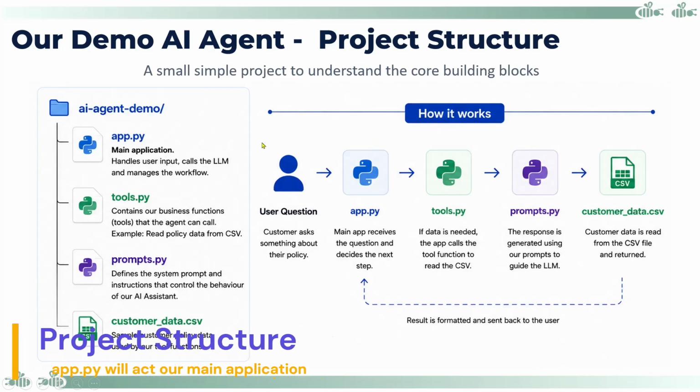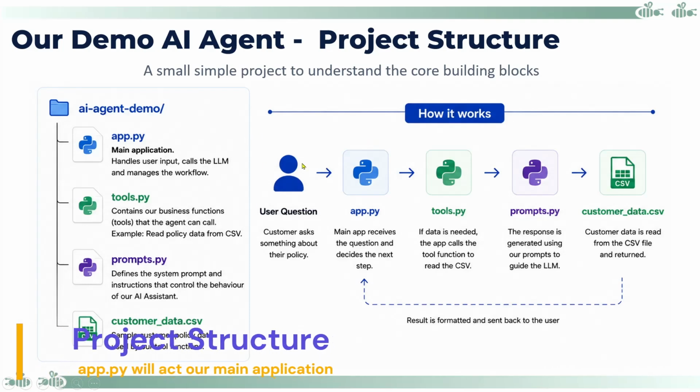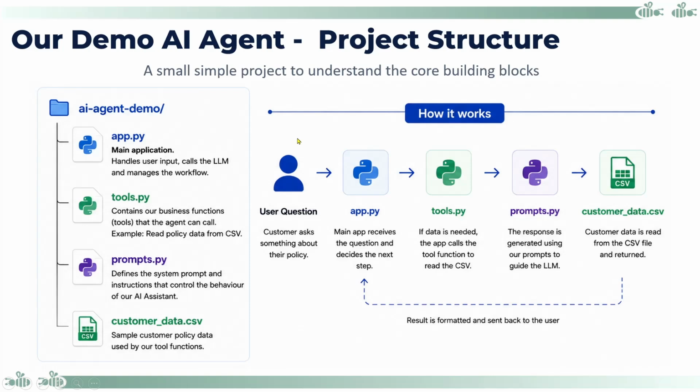This demo AI agent is intentionally kept very small so that it can give us foundational knowledge of why LangGraph, LangChain, or similar frameworks are really required, and what problems they can solve. We'll discuss that later in this video. Think of this as the old traditional way of manually creating an AI agent.